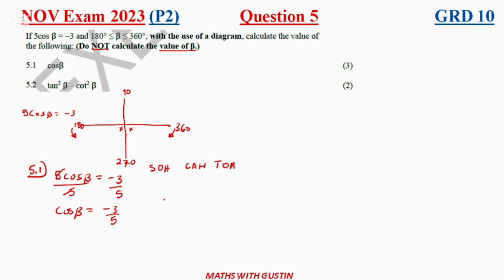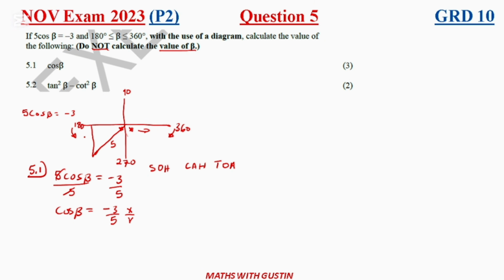So sine is opposite over hypotenuse, cos is adjacent over hypotenuse. Adjacent, which is made out of x, over hypotenuse, which is equal to r. So now here you can already see that x is negative. Between these two quadrants, where is x negative? We know that x this side is positive, x this side is negative. So this simply means that our diagram is just going to lie there.